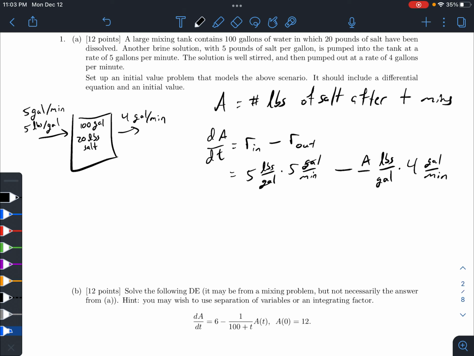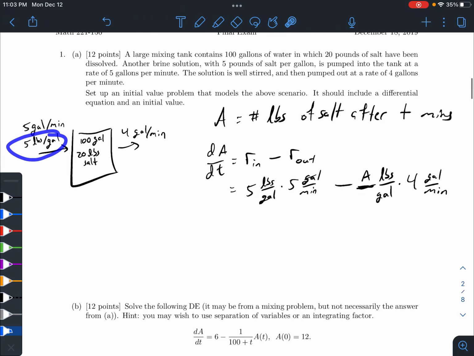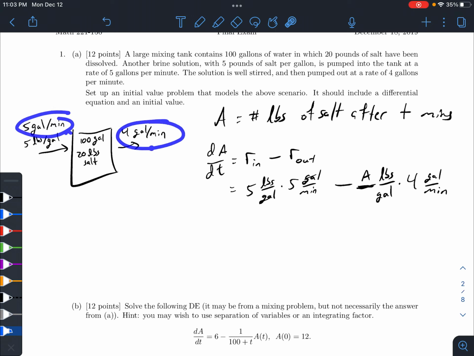Well, we have A pounds of salt total divided by how many gallons are in the tank at time t. It starts off at 100 gallons, but we're pumping in 5 gallons every minute and pumping out 4 gallons every minute. So 5 gallons go in, 4 gallons go out.